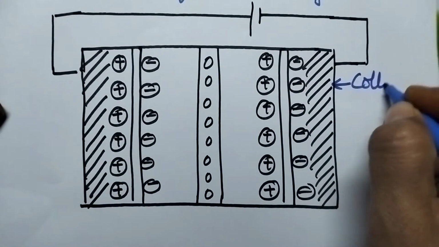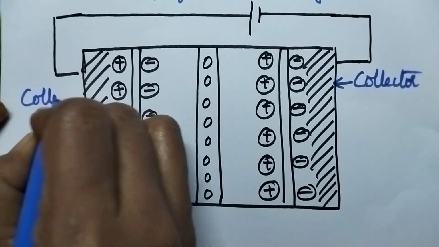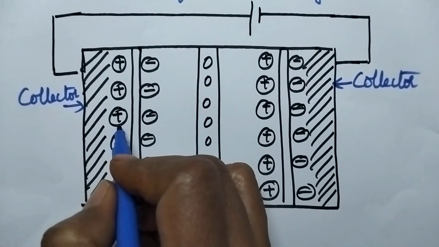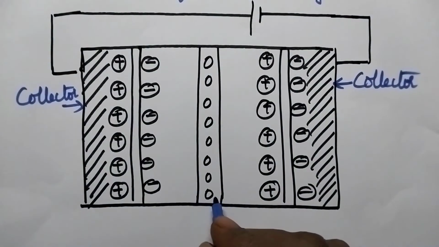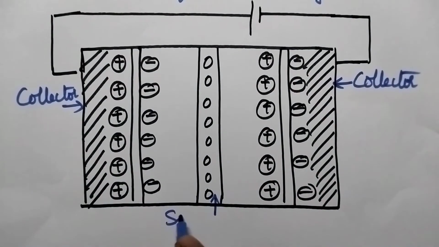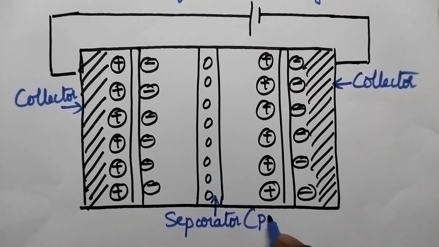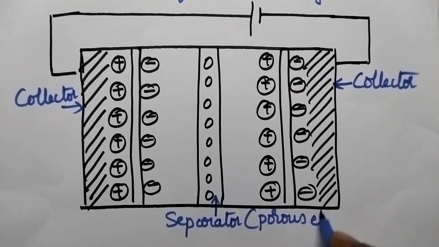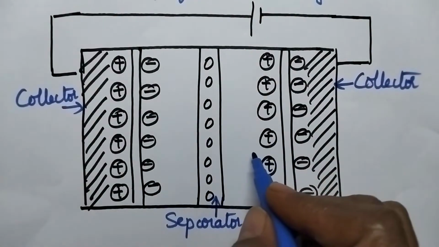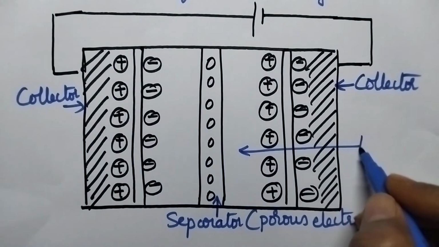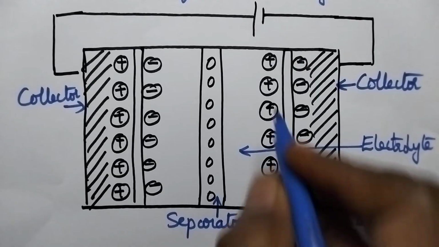The collector contains a cationic chamber and an anionic chamber. The separator is generally a porous electrode, which acts as a separator. It also consists of an electrolyte.